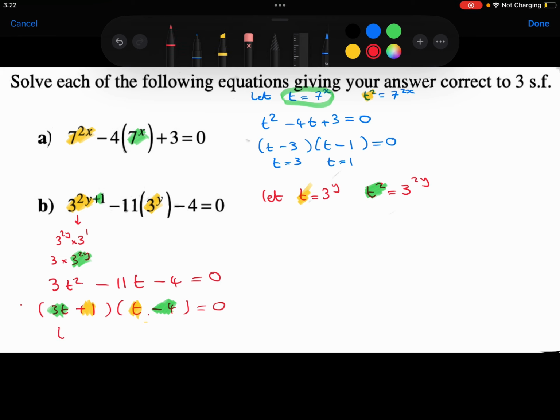So I know that t is either minus 1/3 or t is 4. But we know that t was actually 3 to the power y.